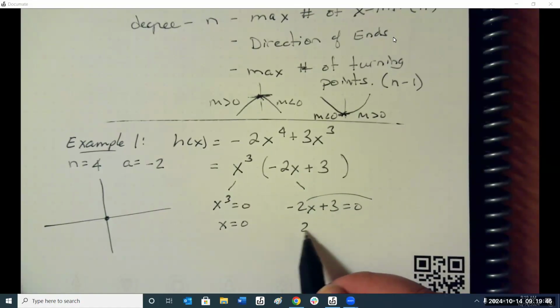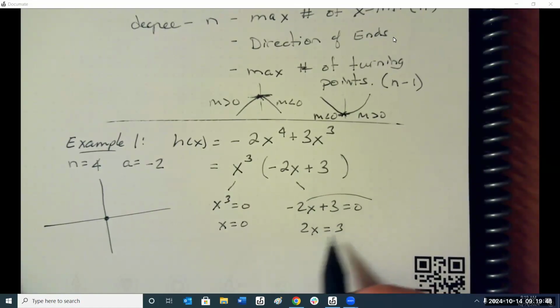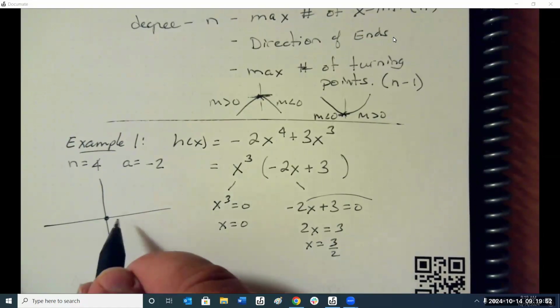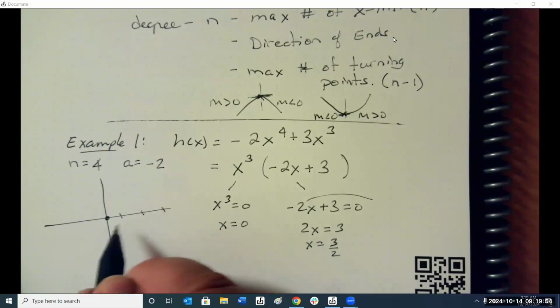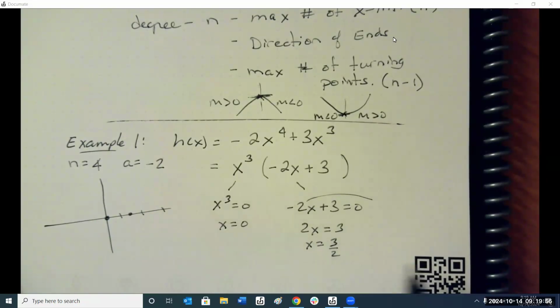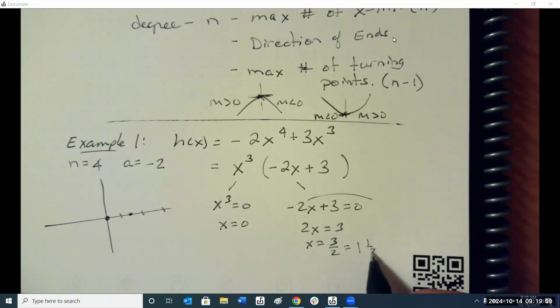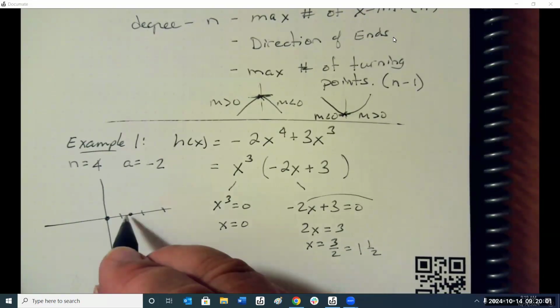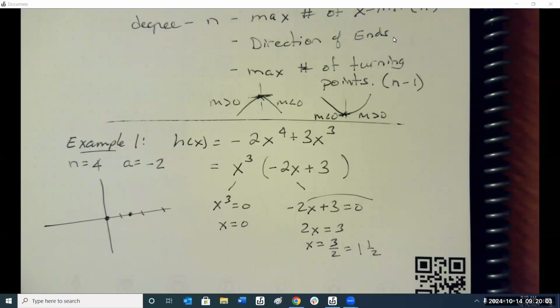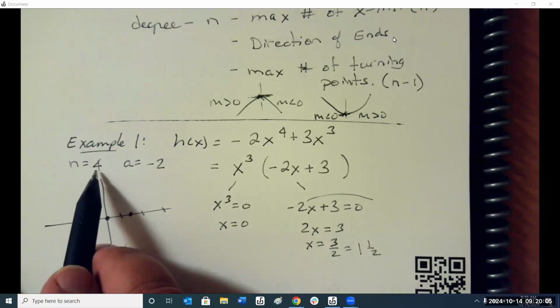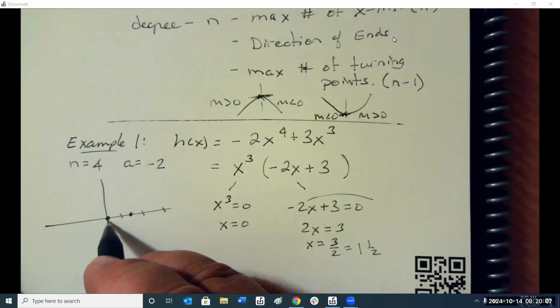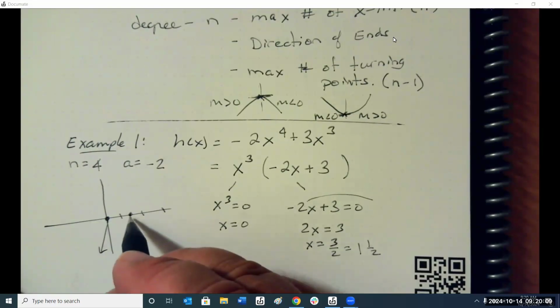And we have 2x equals 3, or x equals 3 over 2, which is 1 and 1/2. Since the degree is 4 and a is negative, they both point the same direction. They both point down.